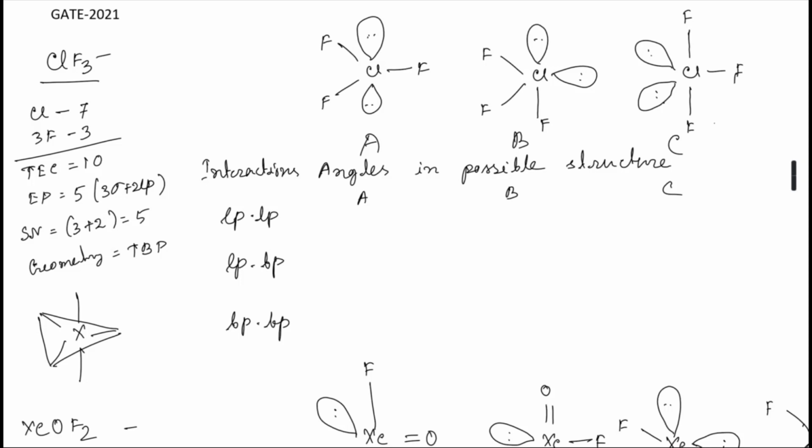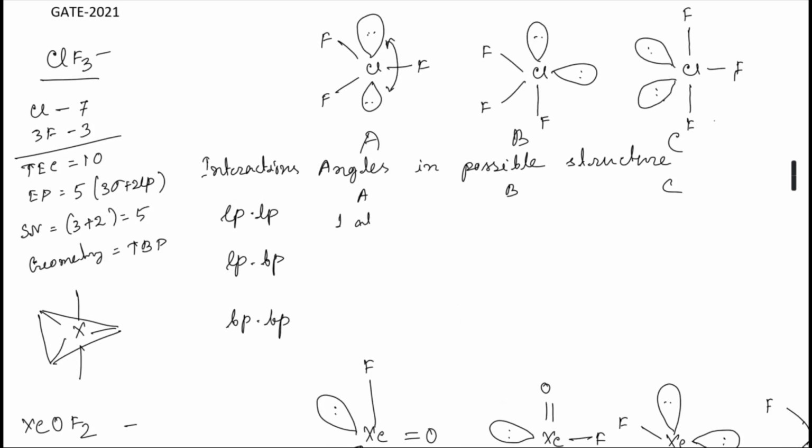In structure A, the lone pair interaction is at 180 degree. In structure B, one lone pair interaction is at 90 degree, and in structure C, one lone pair interaction is at 120 degree.